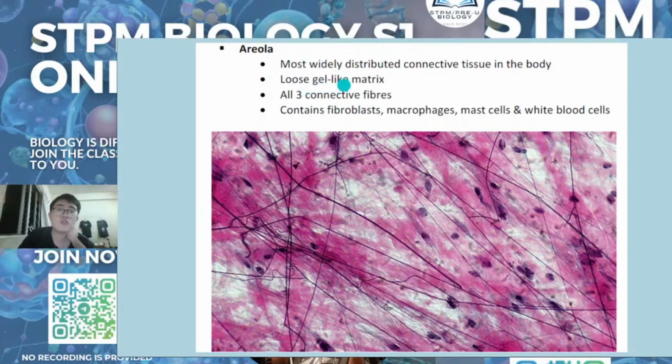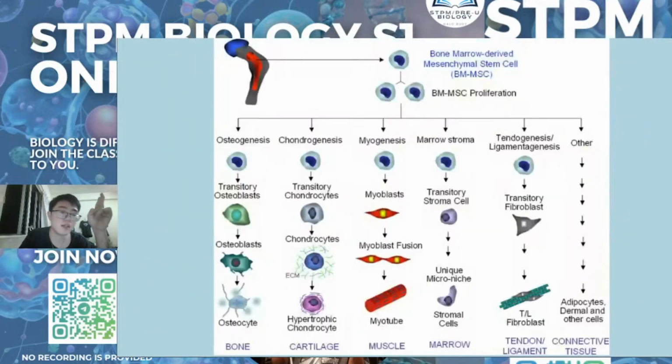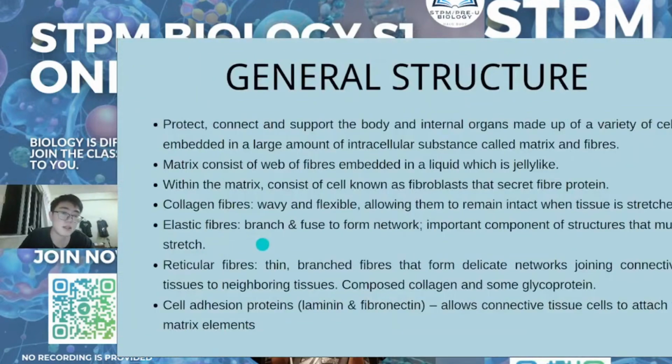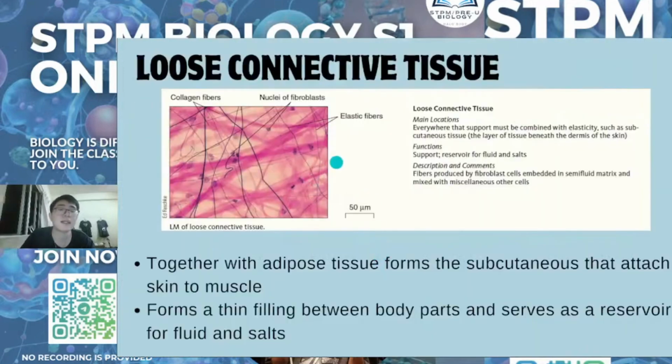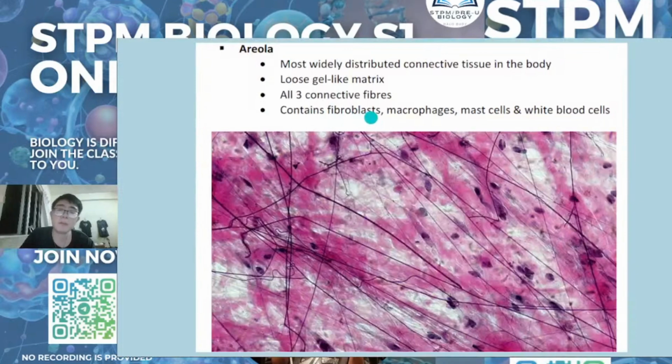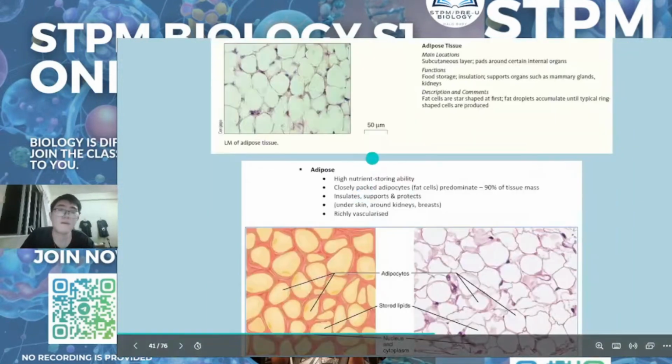It has a loosely gel-like matrix, and it contains all three connective fibers. So as I said earlier: collagen fiber, elastic fiber, and reticular fiber. These three fibers are always present. And it also contains fibroblast, macrophage, mast cells, and also white blood cells.